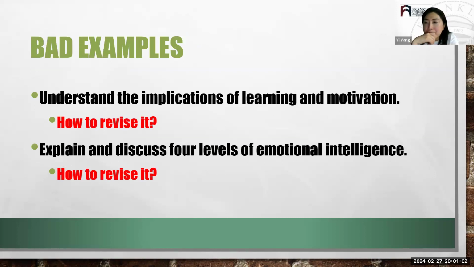Katrisa and Chris, feel free to say it or type it in the chat. Can you repeat the question again? Which verb should we get rid of? Because explain and discuss four levels of emotional intelligence uses two verbs here, right?